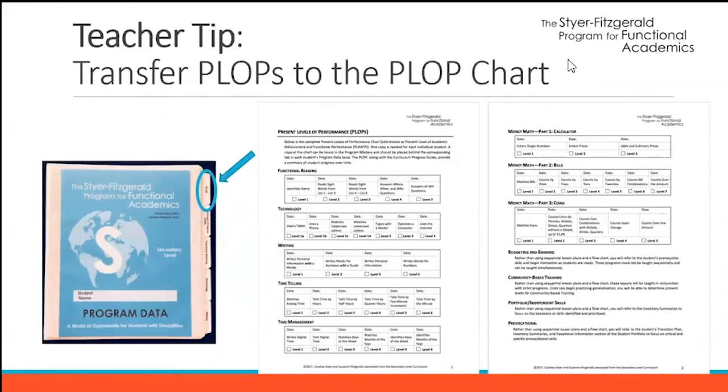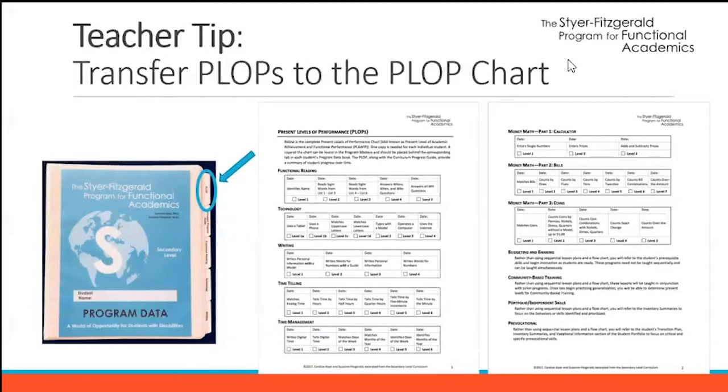When you turn the page, here is your PLOP chart. It is all areas of assessment, and you're going to fill this out from your assessment book, and then you're going to put it under implementation tools in your students' program data book.